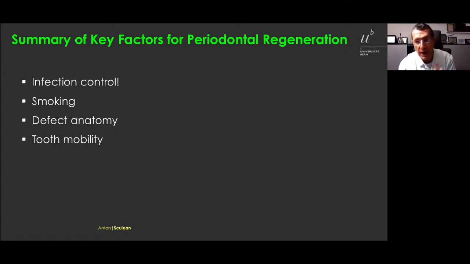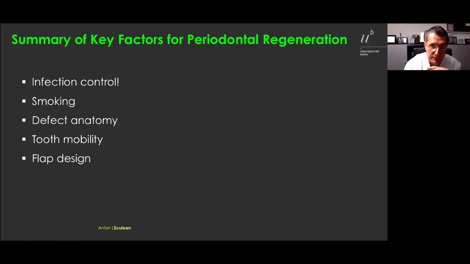If you break your arm, usually you're getting a stabilization. You don't run on the street with a broken arm. So that's what you have to do with your teeth. Stabilize. Flap design. Please make sure that your papilla is not damaged and that you can close the interdental area.